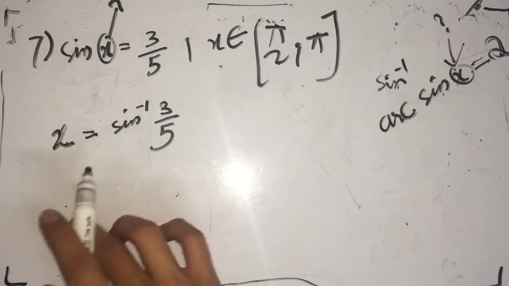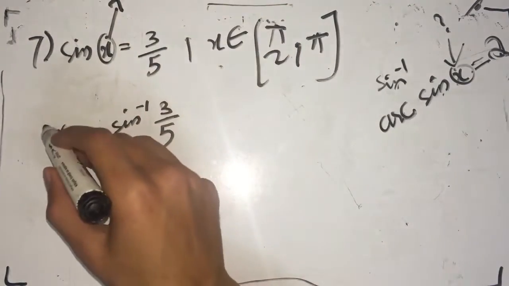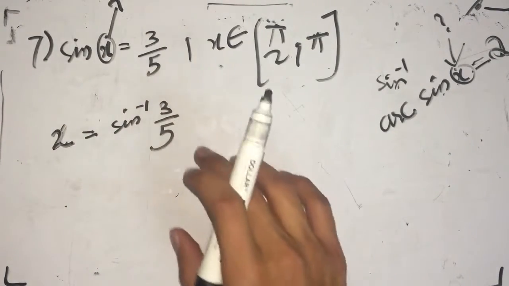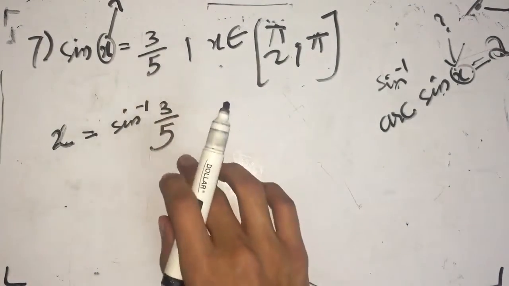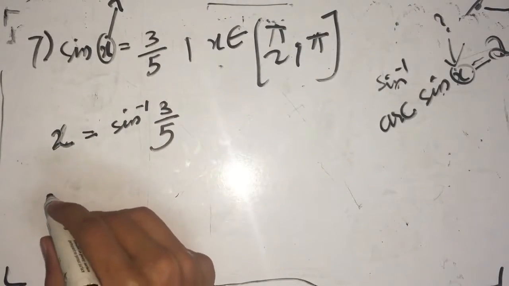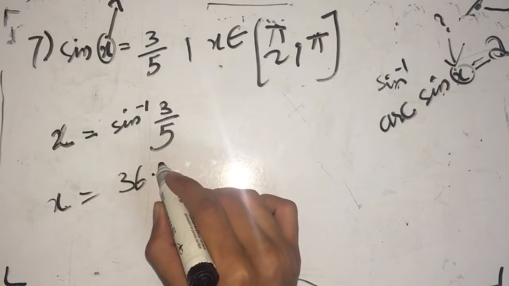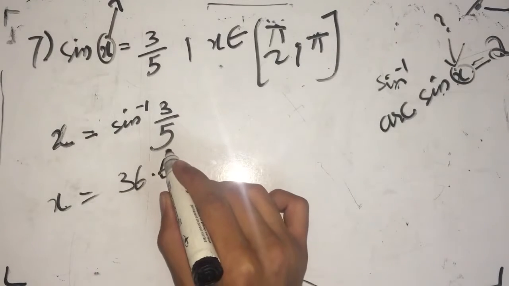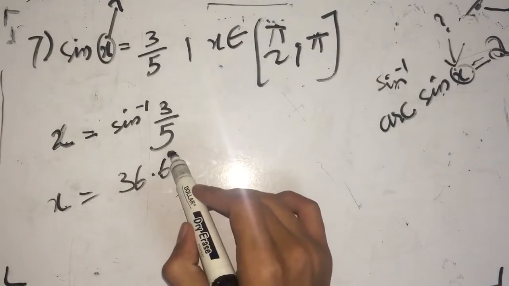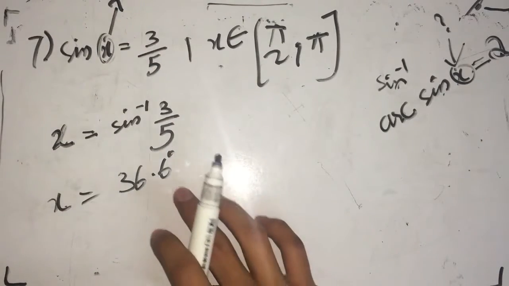Here it is the same thing. You find first the theta or the x, and you shift the sine over there, so you have sine inverse 3 by 5. If you calculate sine inverse 3 by 5, you are going to get x equals 36.6 degrees. So now you have the angle, that is 36.6 degrees.